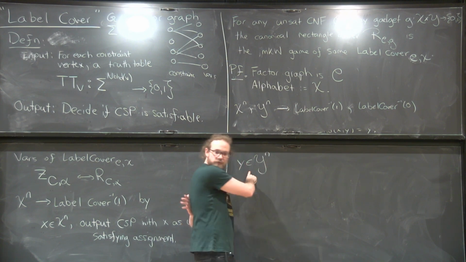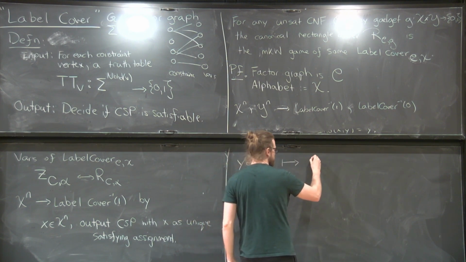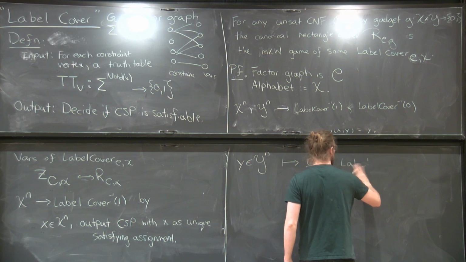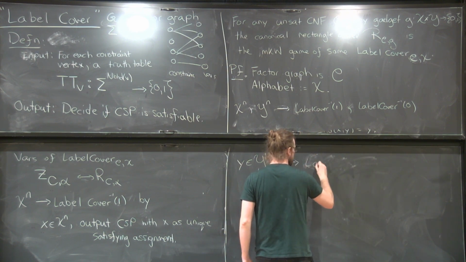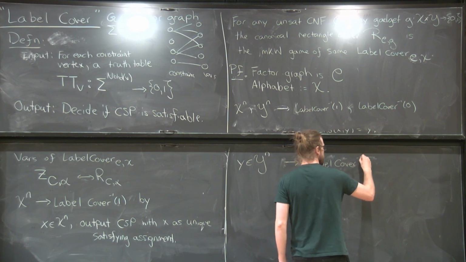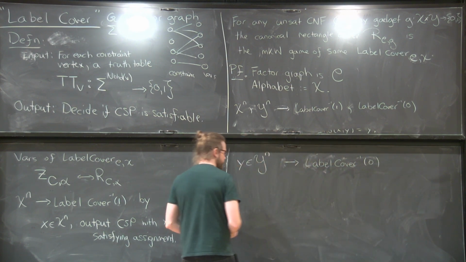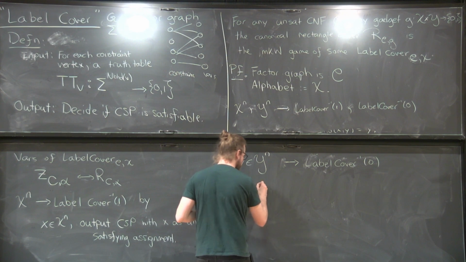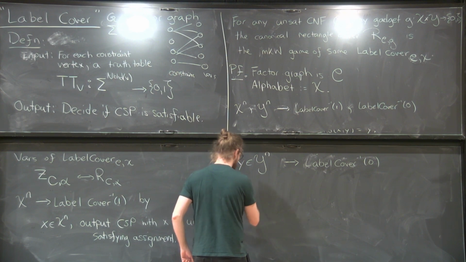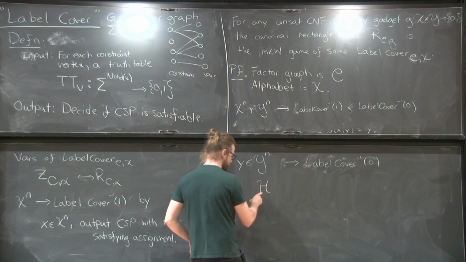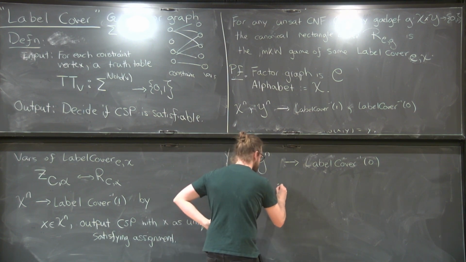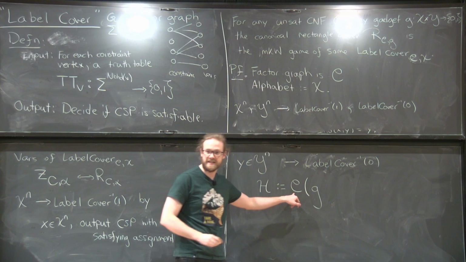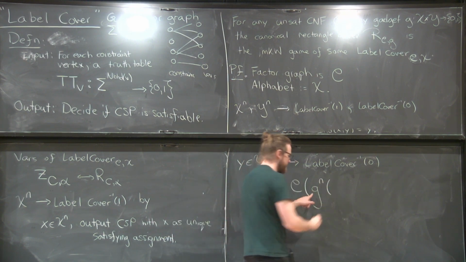So given a y, which is like Bob's input, we want to map it to a 0 of label cover. Let's do it like this. Well, I'll just define the CSP hopefully in a very general way. So H, which will be my new CSP, is just going to be literally C, my underlying CNF formula, where I plug in the g's for all the variables.